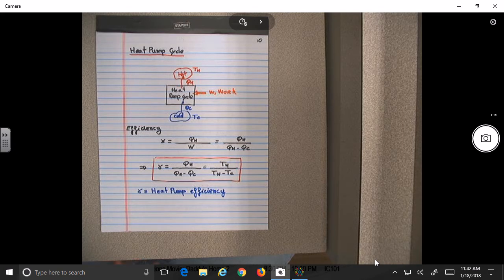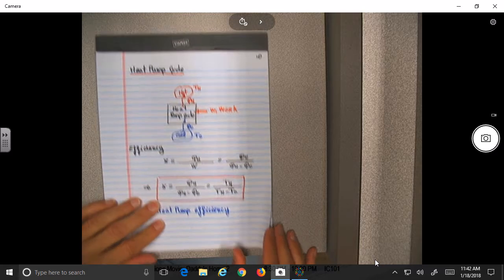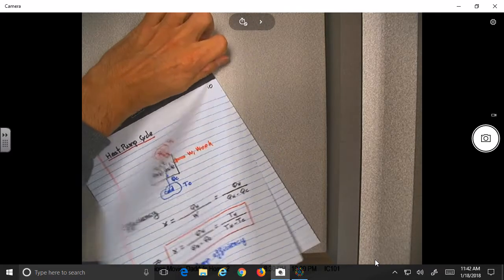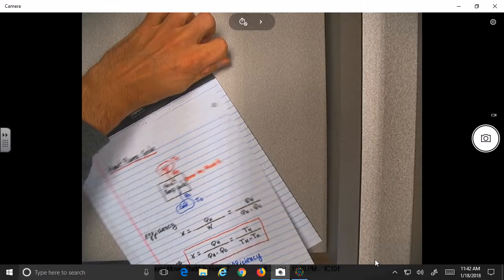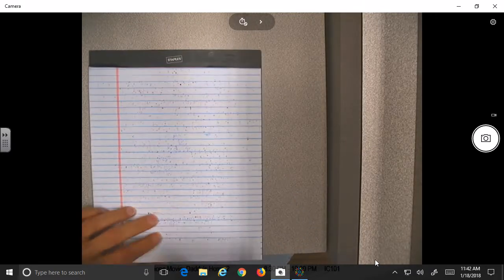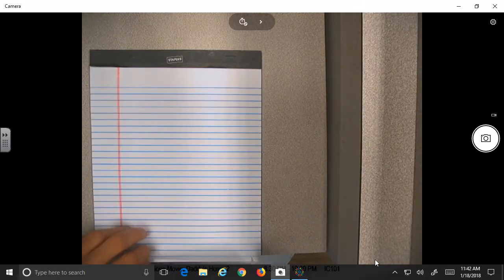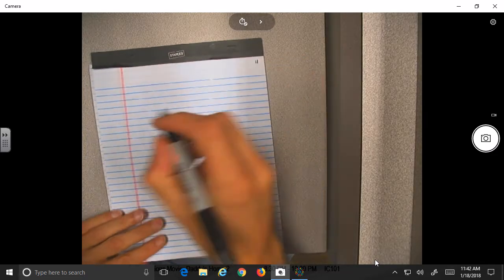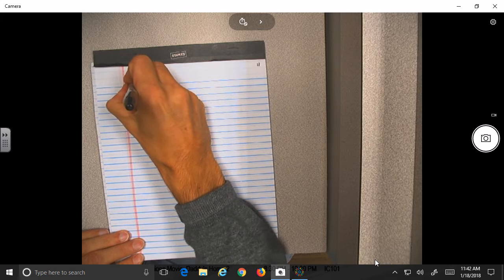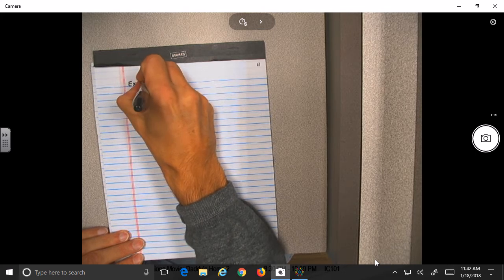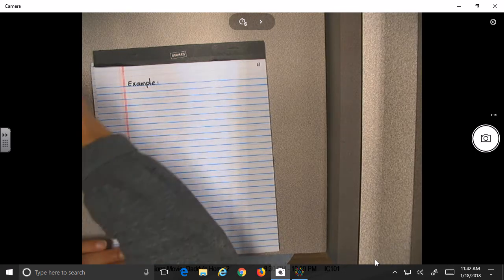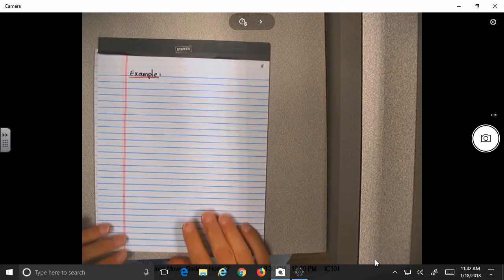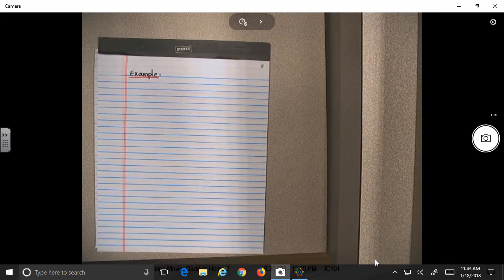All right, so let's try to do a problem. There's always one that I do. Let's see what it is. Hopefully it's in the 8th edition. Let's see, page 11. Let's say here, example, and let's see if I can find the example somewhere over here.